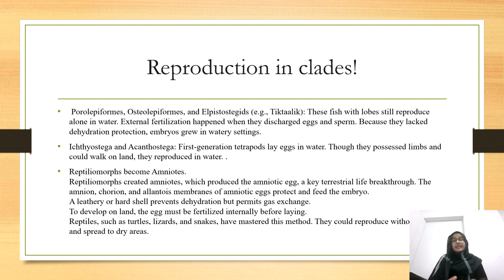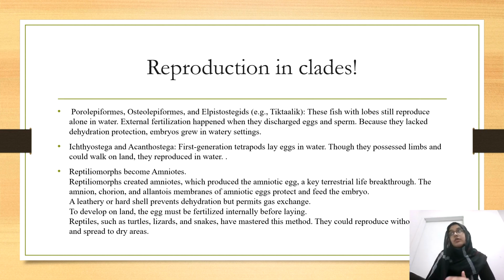So these clades are the fishes with lobes, but they still reproduce in water. So external fertilization happened when they discharged eggs and sperm in water because they lacked dehydration protection, and embryos grew in watery settings.